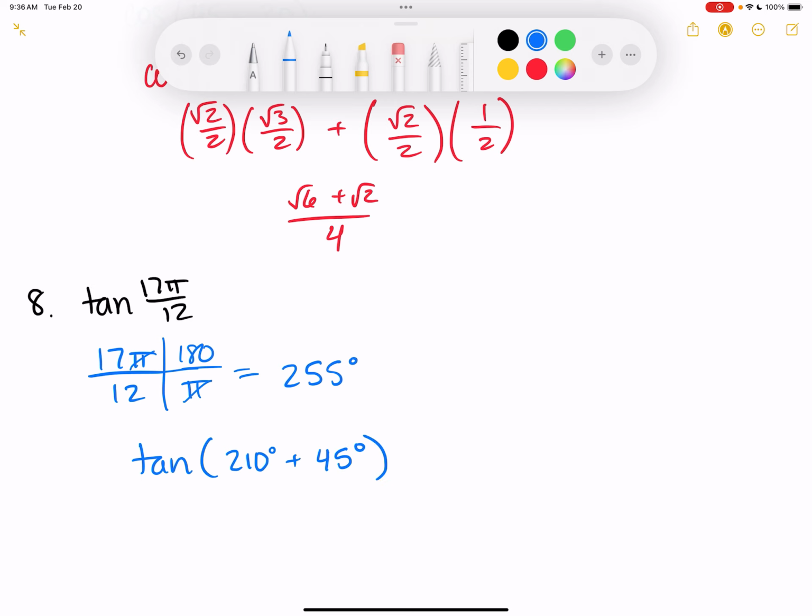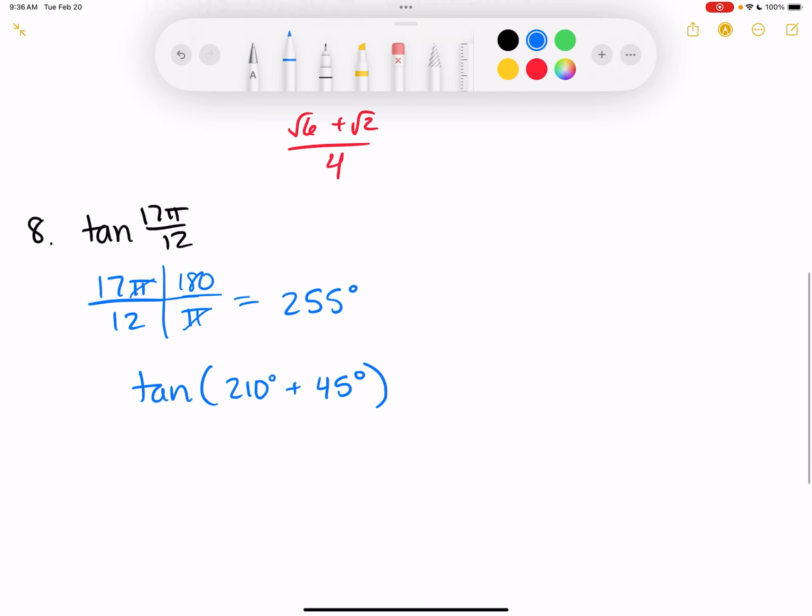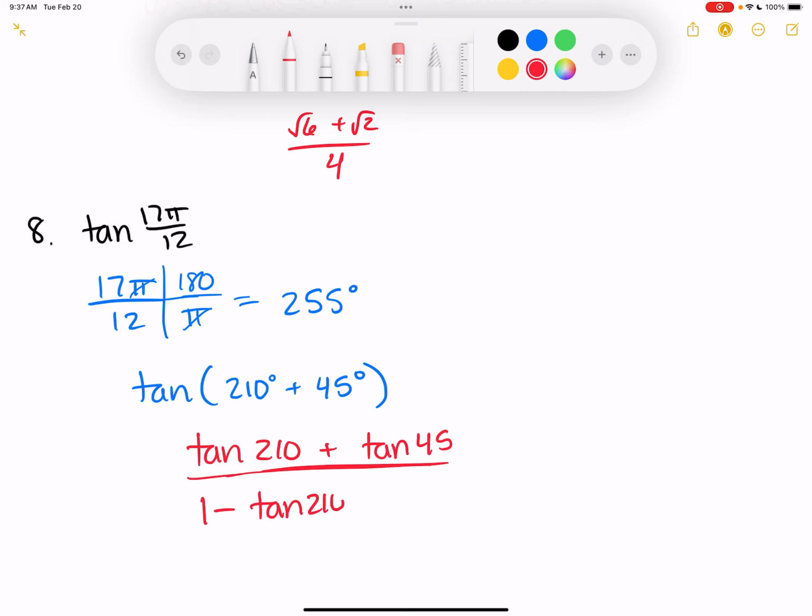So, tangent formula, we have the tangent of 210, same sign on top, plus the tangent of 45 over 1 minus, so opposite sign on the bottom, tangent of 210, tangent of 45.